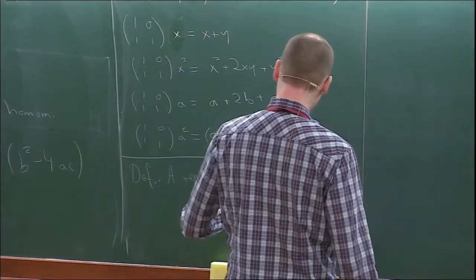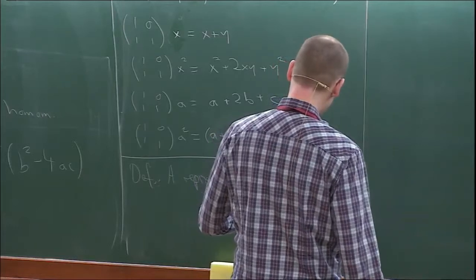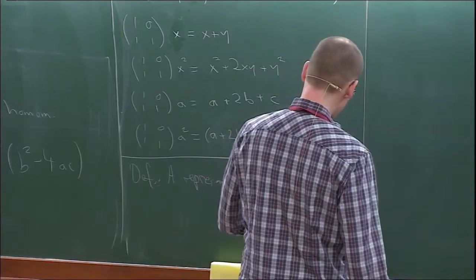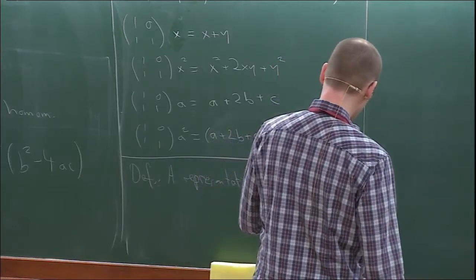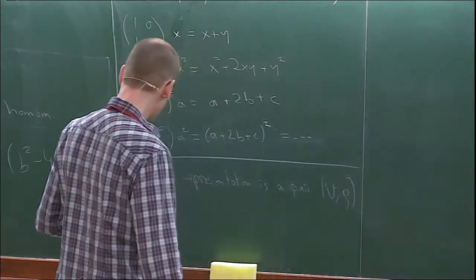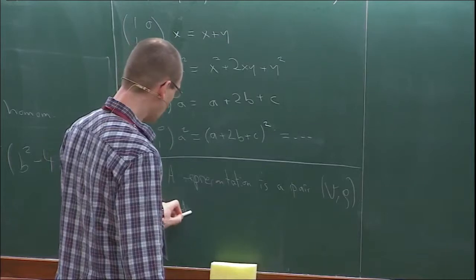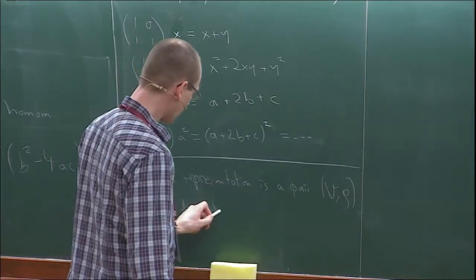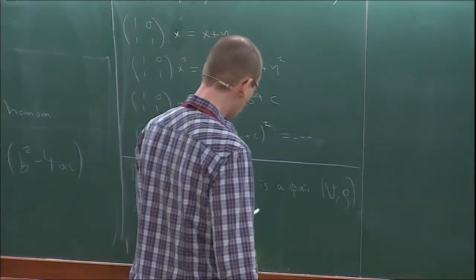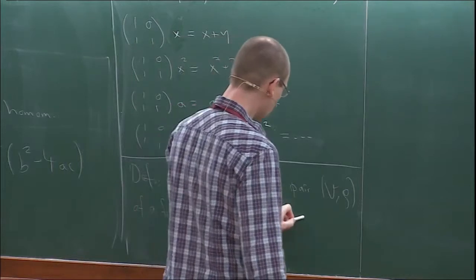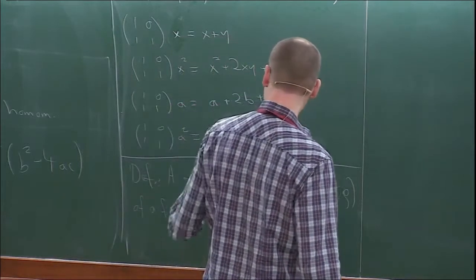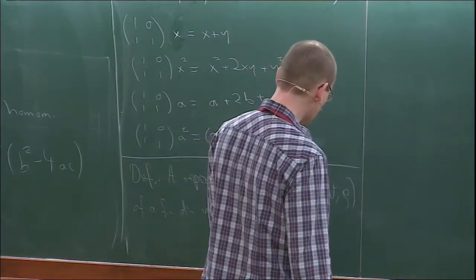is actually a pair V and rho, of a finite dimensional vector space V and a group homomorphism.